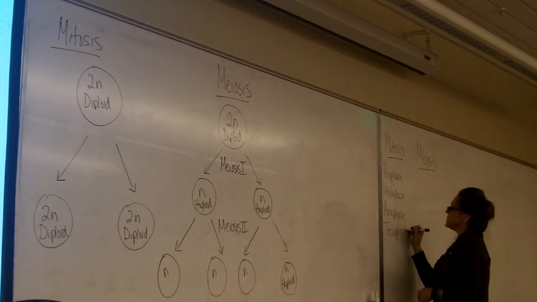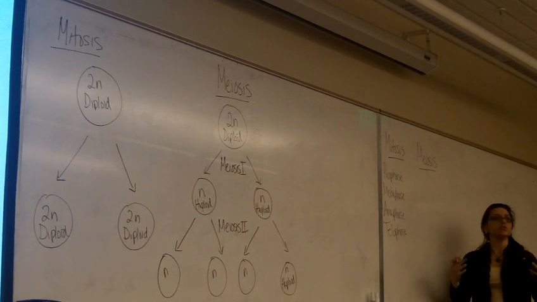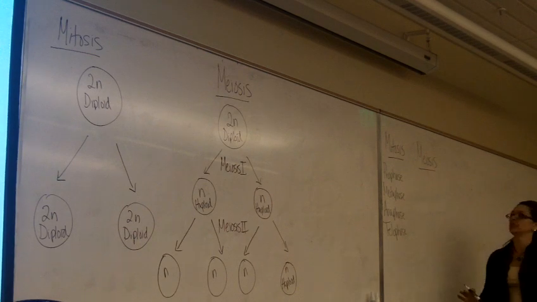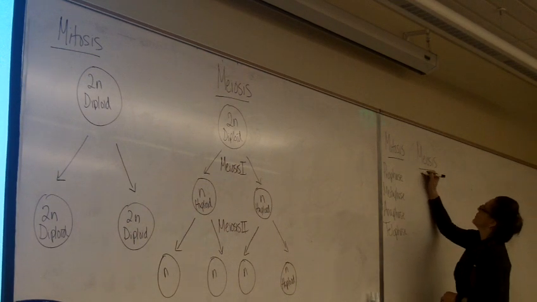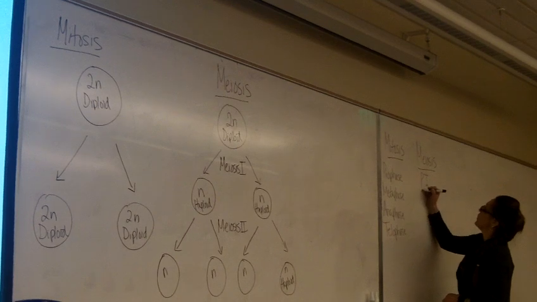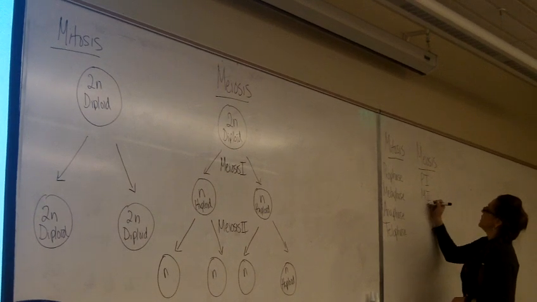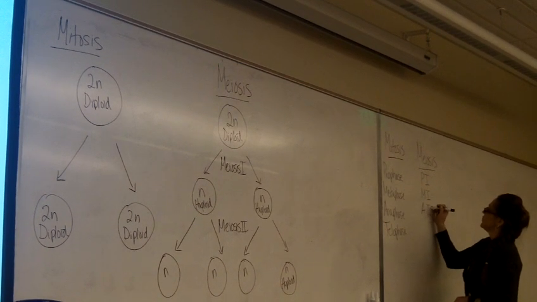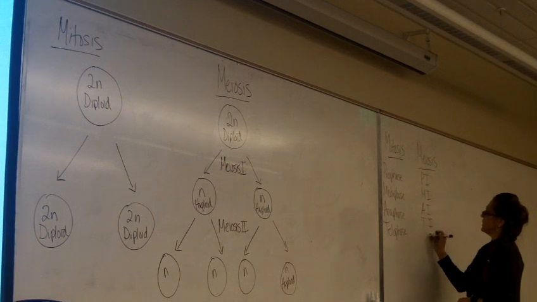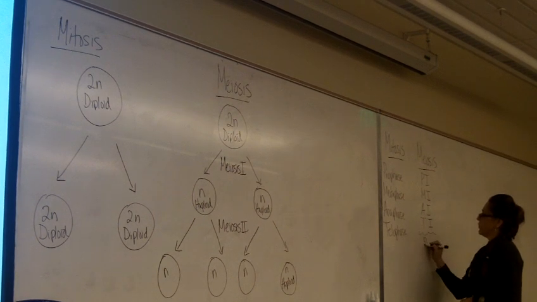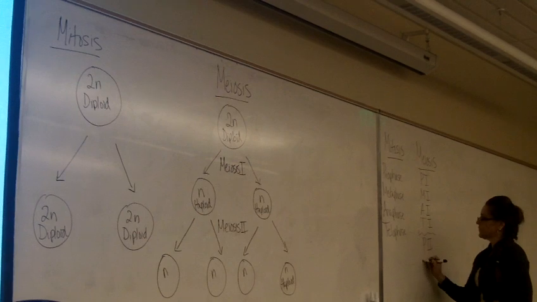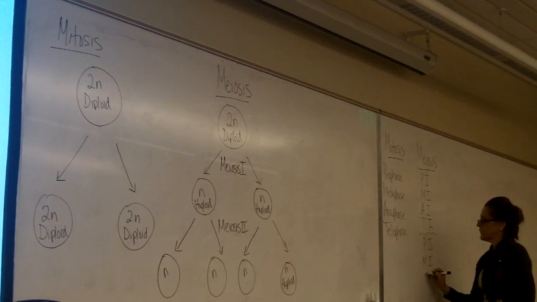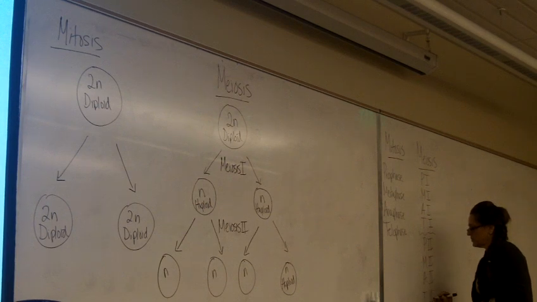And again, this has to do with what the chromosomes are doing during that round of division. And for meiosis, we'll have prophase 1, metaphase 1, anaphase 1, telophase 1, and then prophase 2, metaphase 2, anaphase 2, and telophase 2.